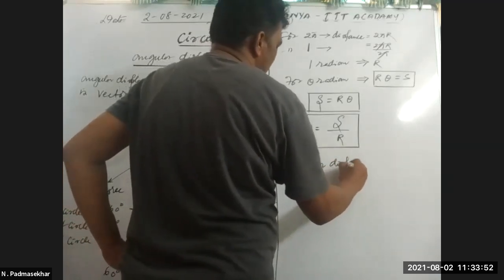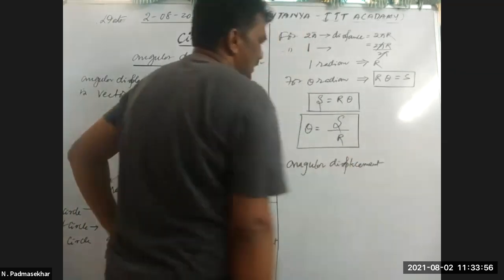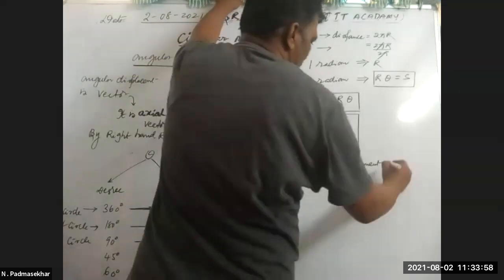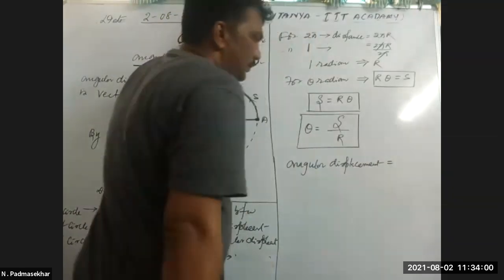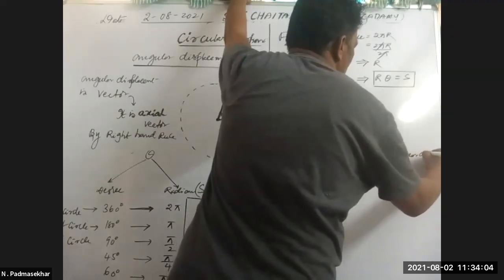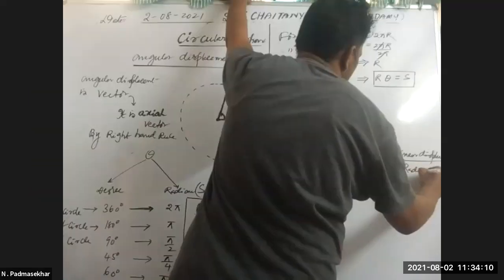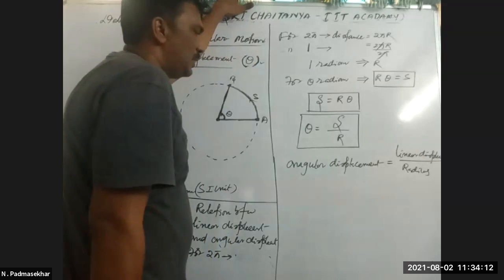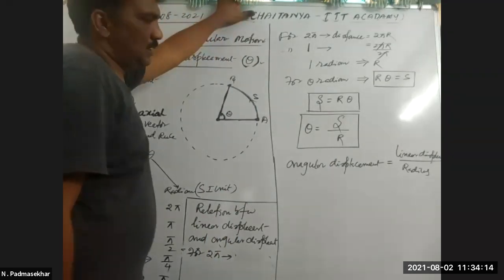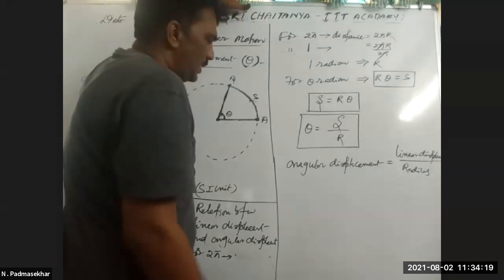Angular displacement is equal to linear displacement by radius. Theta is equal to s by r, linear displacement by radius.